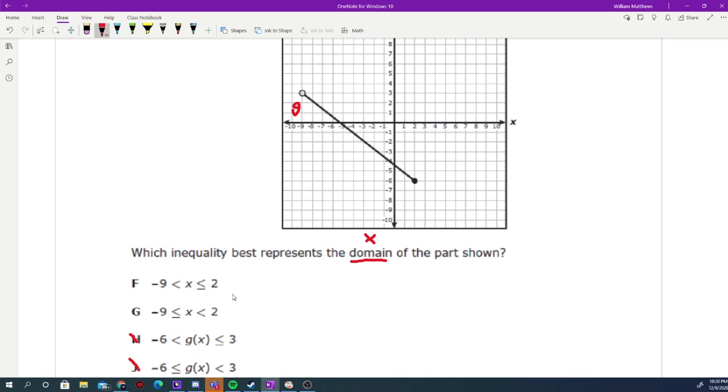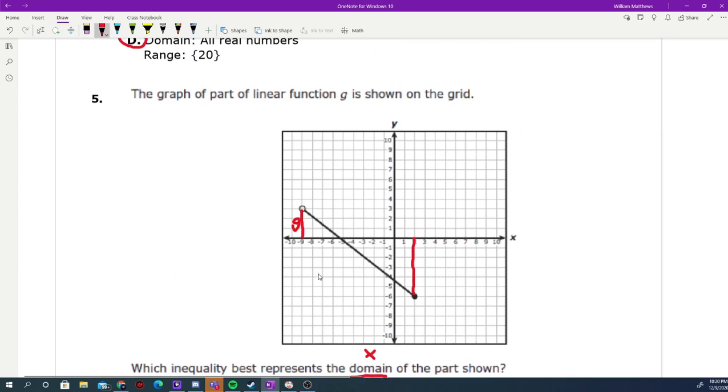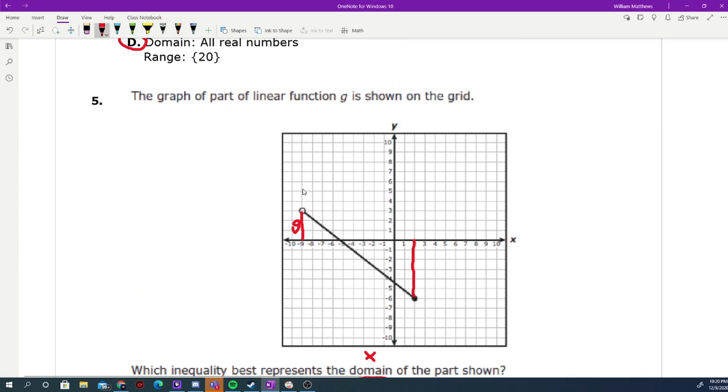With domain now, we know that we are dealing with the x values. It reaches over to an x value of -9 and an x value max of 2, which are both included. What is different is the symbols that they're using. This is to understand that open circles just mean greater than or less than.